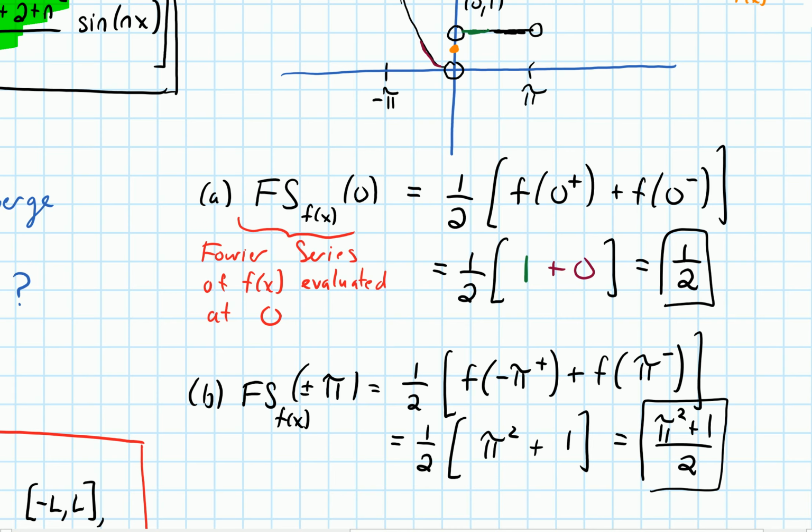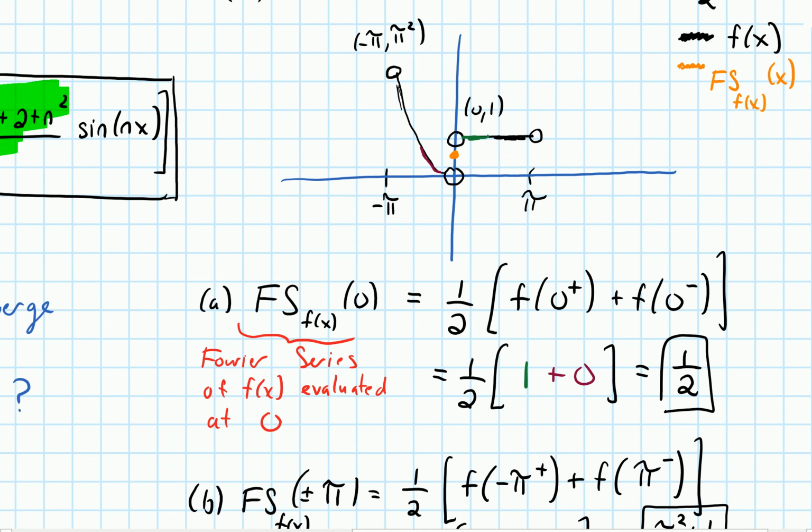And let's draw in where this is on the graph. So pi squared plus 1 over 2 is sort of the average of this y value, the pi squared, and this y value. Technically it's of this endpoint here, sorry, of pi, 1.